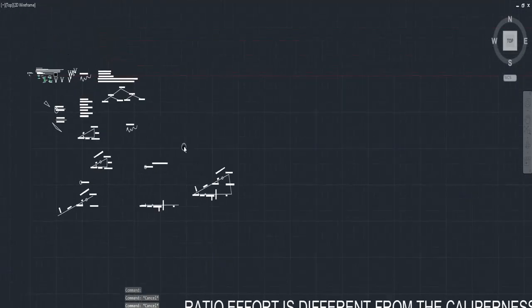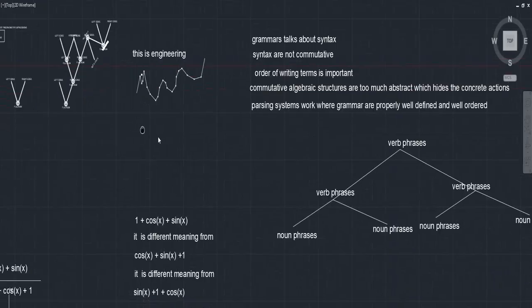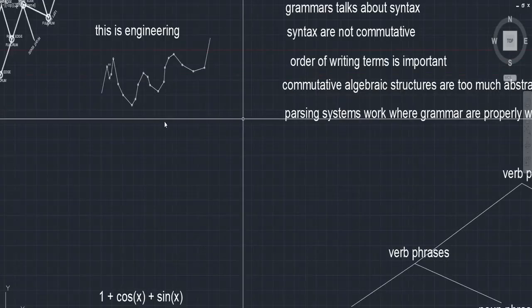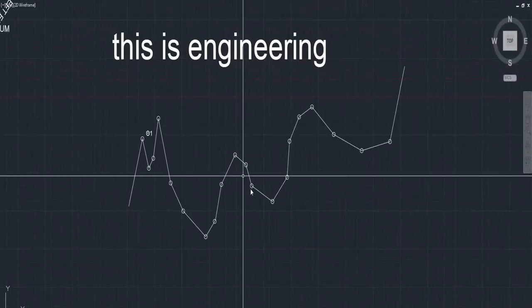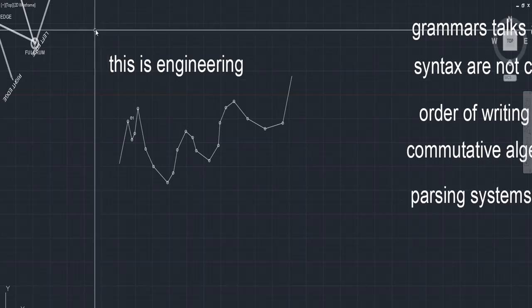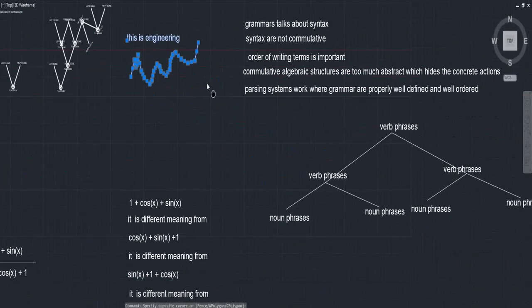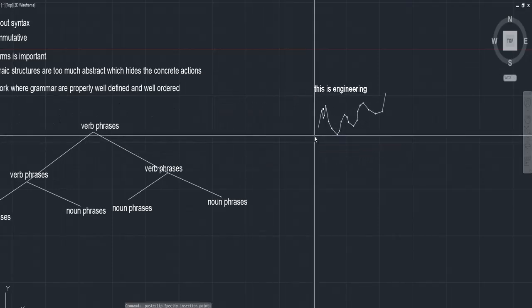We will focus on the caliperness of effort now, because the grammar is non-commutative in the constructive geometry. To depict this caliperness effort, we are coming back to the straightening part only. In engineering, while writing programs, the syntaxes are taken as non-commutative.